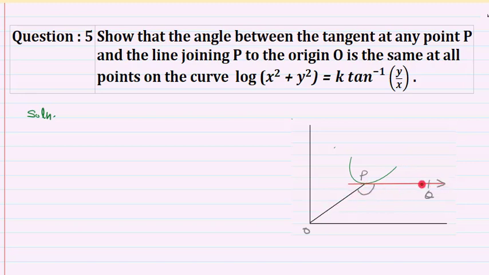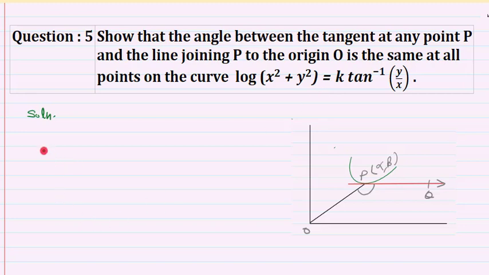One is the tangent and the other is OP. So let us suppose alpha, beta are the coordinates of this point P. Now you know very well how to calculate the slope of tangent PQ. Yes, it is by calculating dy upon dx from the given curve.